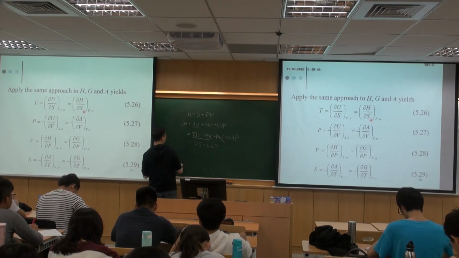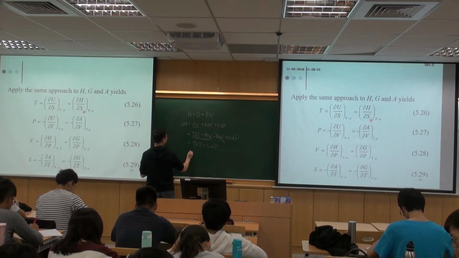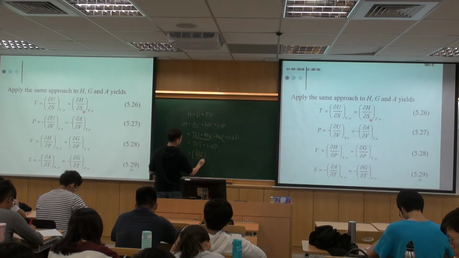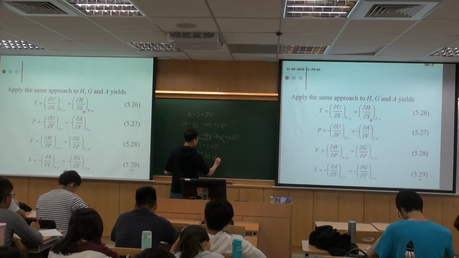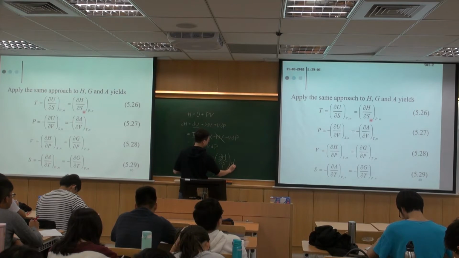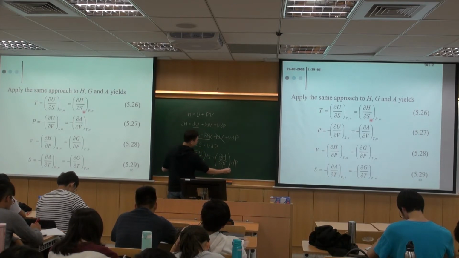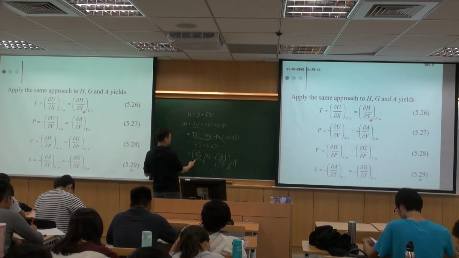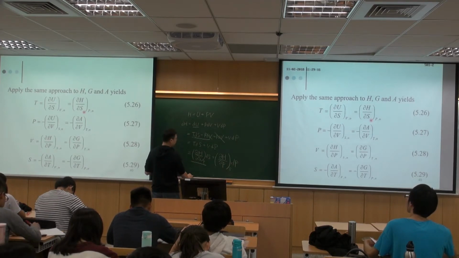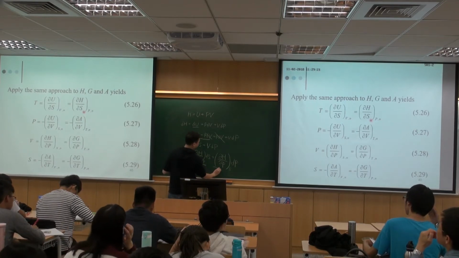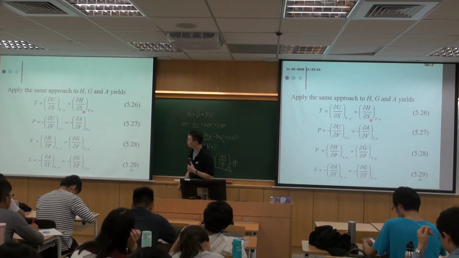And we also know that dH is this, at constant pressure, and this is at constant entropy, right? Therefore, you can say temperature is partial H, partial S at fixed pressure, and also volume is partial H, partial P at constant S.